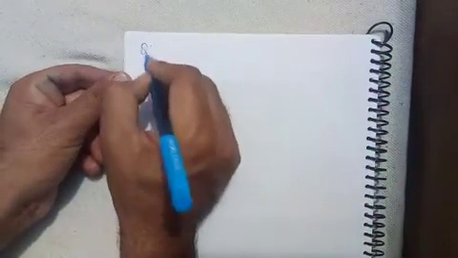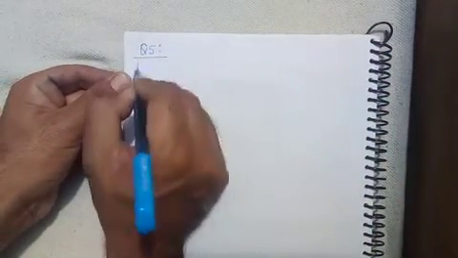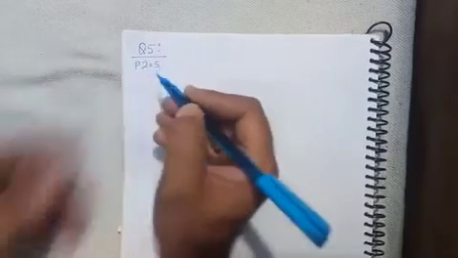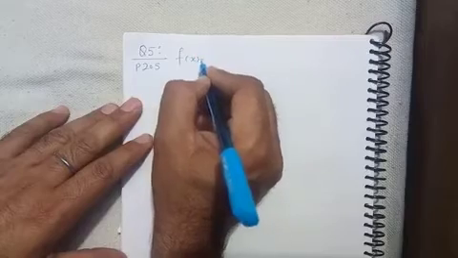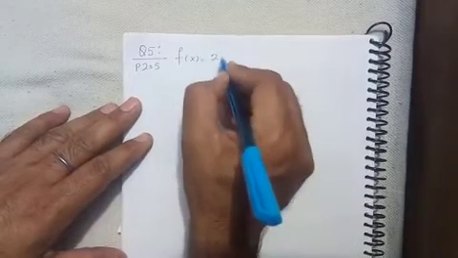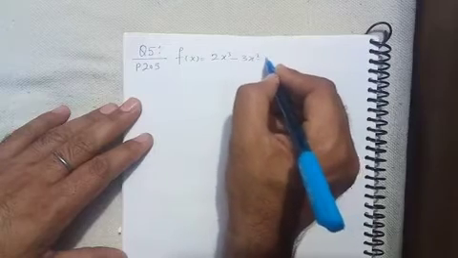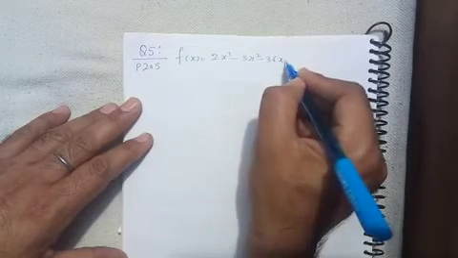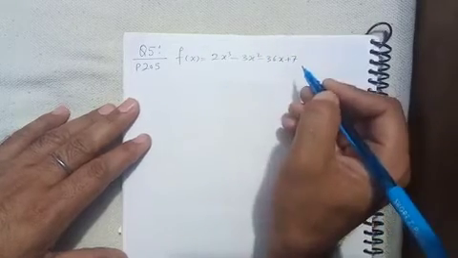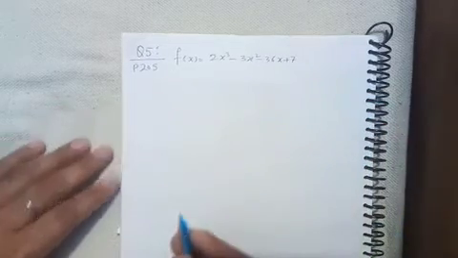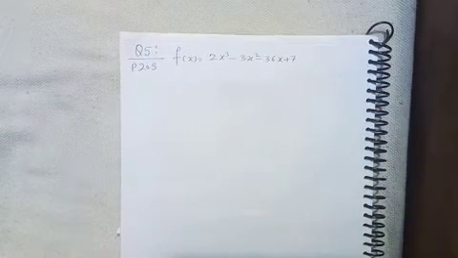Find the intervals in which the function f given by f(x) equal to this polynomial in x, f(x) equal 2x cube minus 3x square minus 36x plus 7. Find out intervals where it is increasing and where it is decreasing.